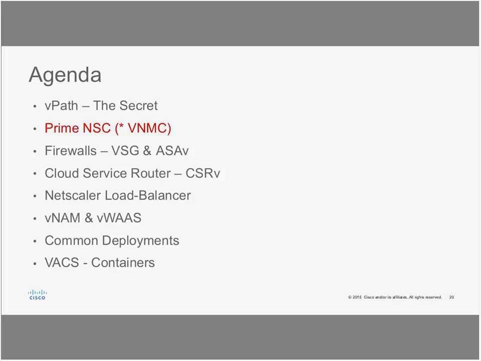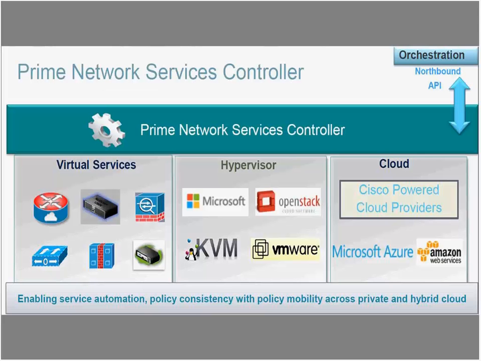Prime NSC is not a new tool that we came up with. It was the vNMC which was working with the VSG and ASA. What we did is we enhanced the Prime Network Services Controller to support growing services, cloud platforms, and different hypervisors. So with the new PNSC, we now support Hyper-V and OpenStack as well as KVM.